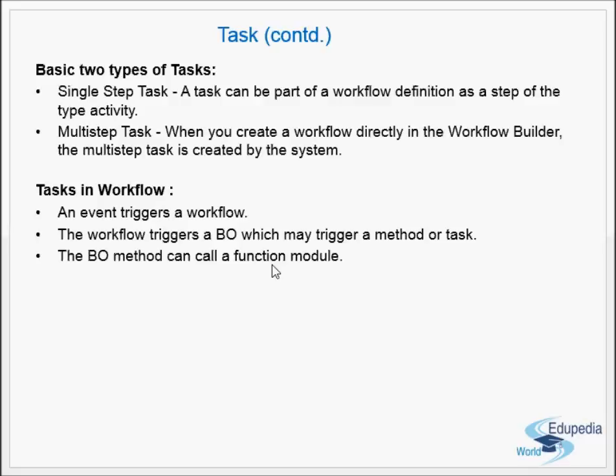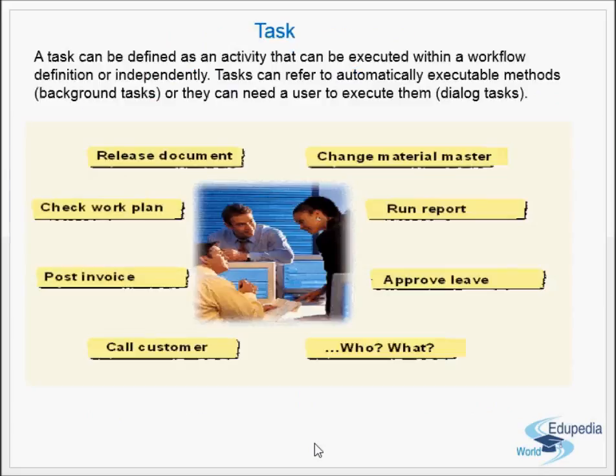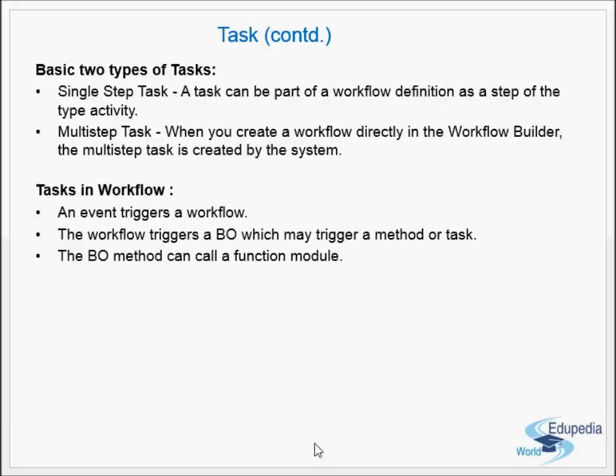So from an event, workflow is triggered. This workflow works on business objects, and these business objects internally call various functions or modules. The user, following the process, does some manipulation at the business object level, which in turn triggers various other objects. So it's nothing but a task.